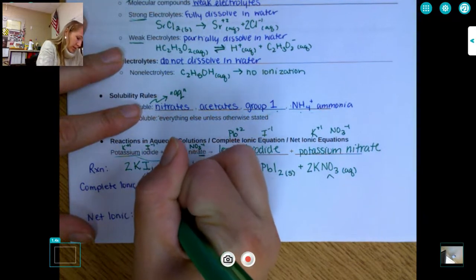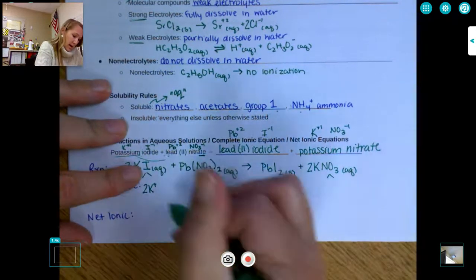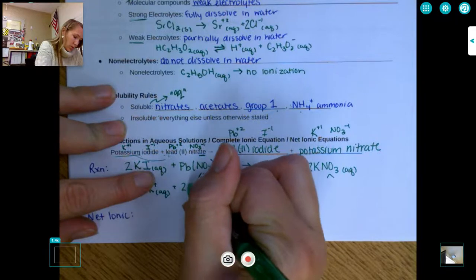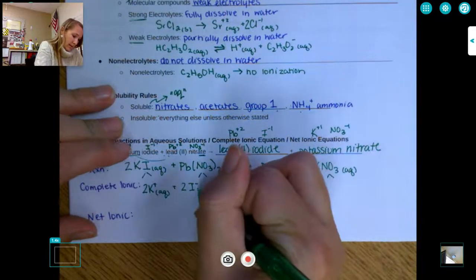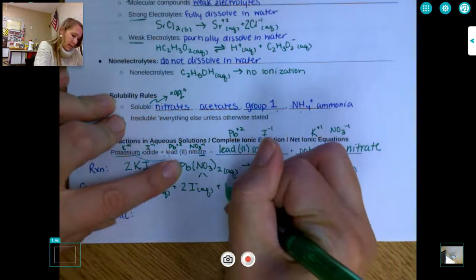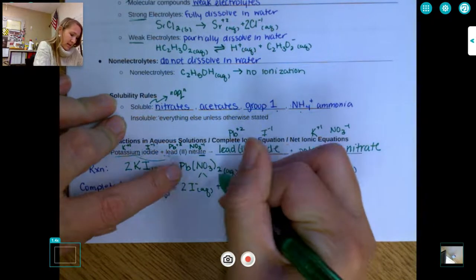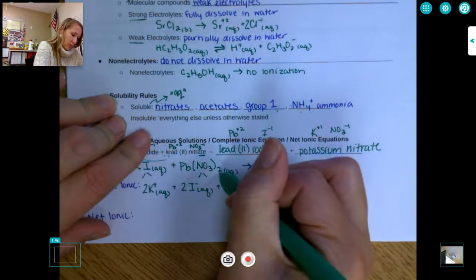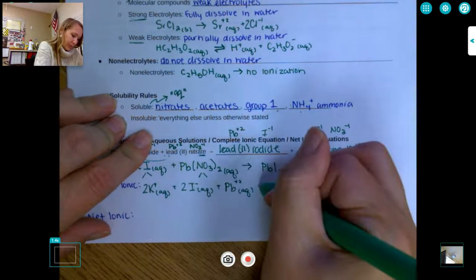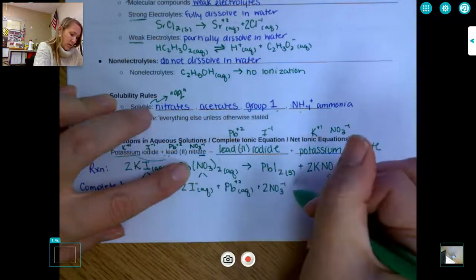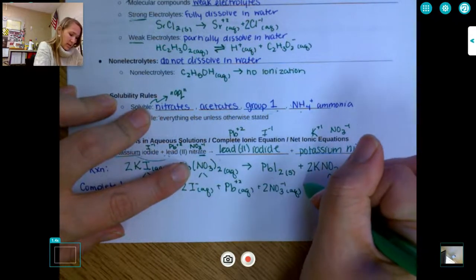So we have 2 potassium ions, aqueous, plus 2 iodide ions that are aqueous, plus 1 lead plus 2 ion, aqueous, plus 2 nitrate minus 1 aqueous.